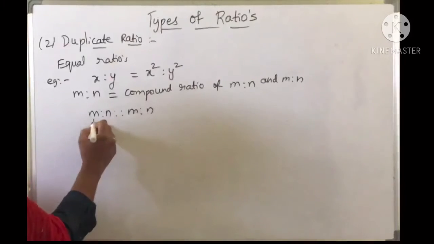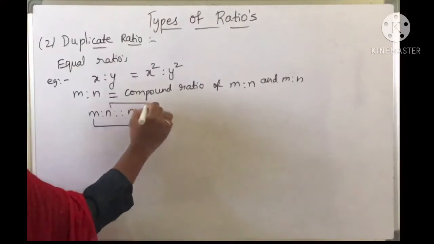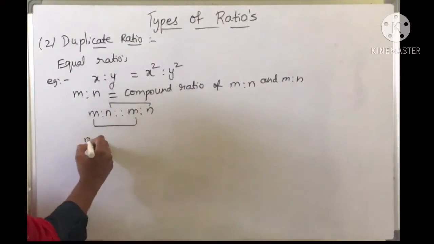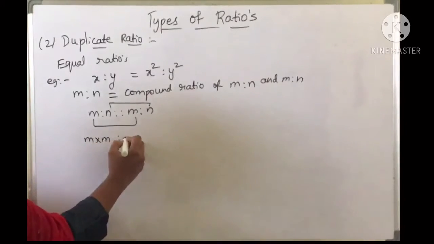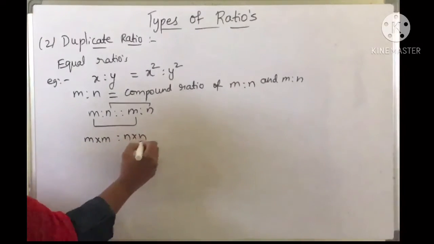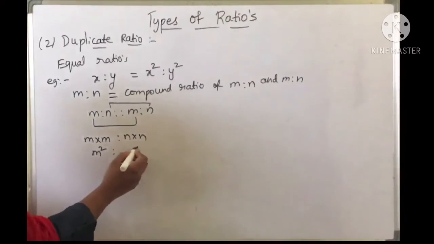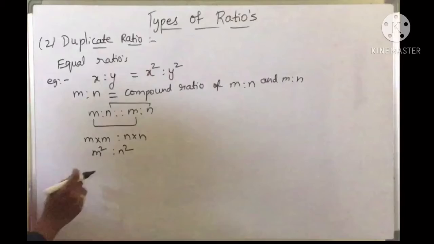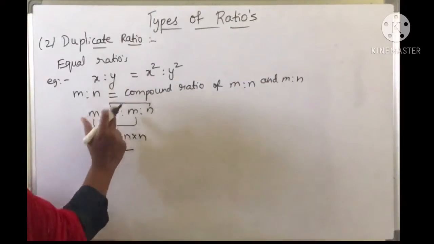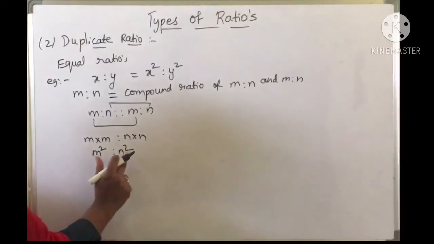If you take the product of the antecedents and the product of the consequents, that is m into m is to n into n. So m into m is m square and n into n is n square. So the duplicate ratio of m is to n is m square is to n square.